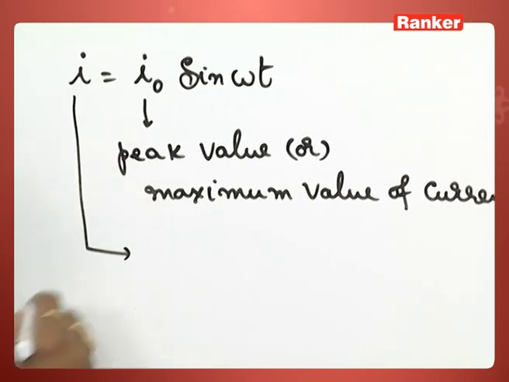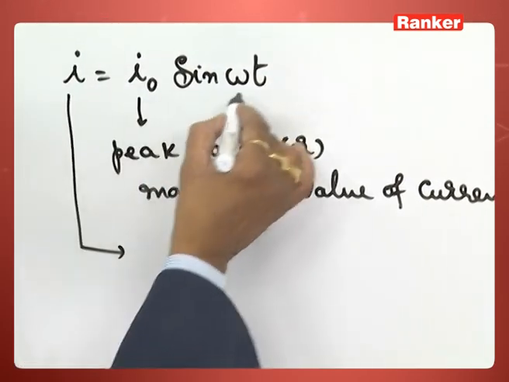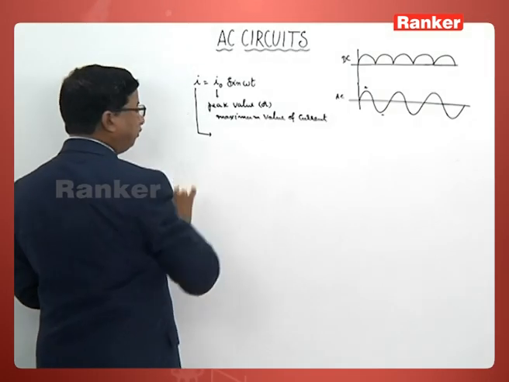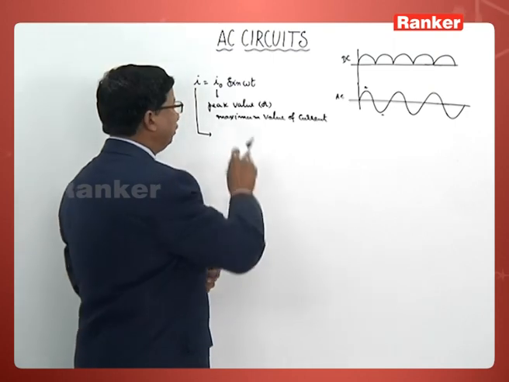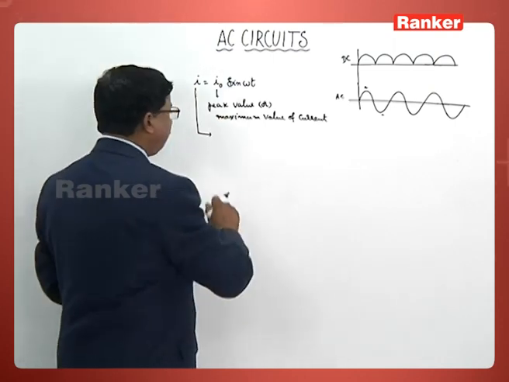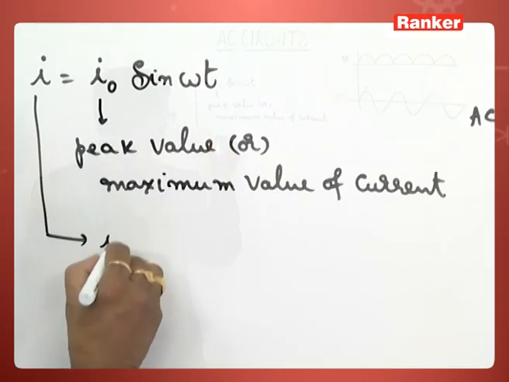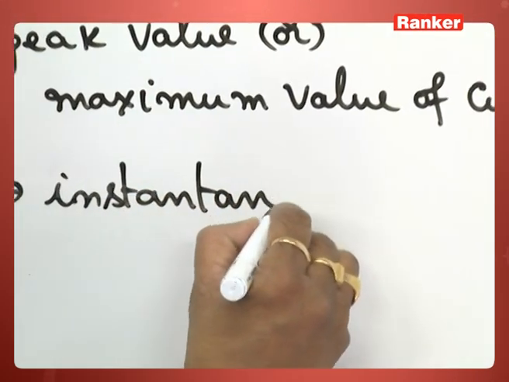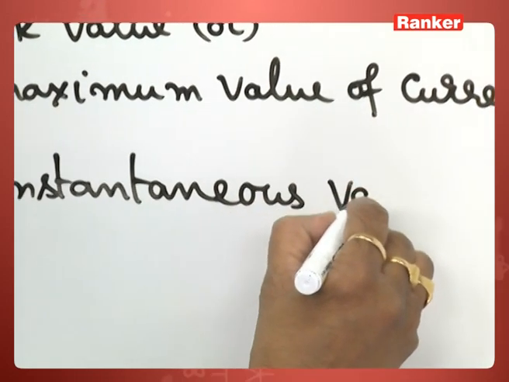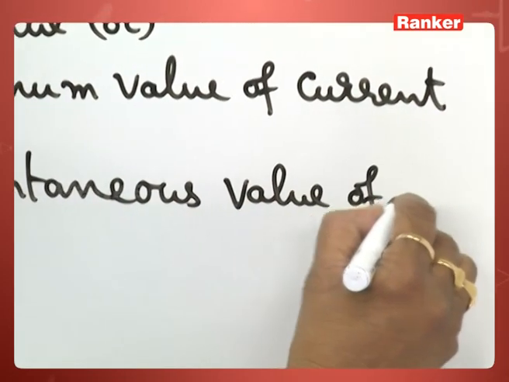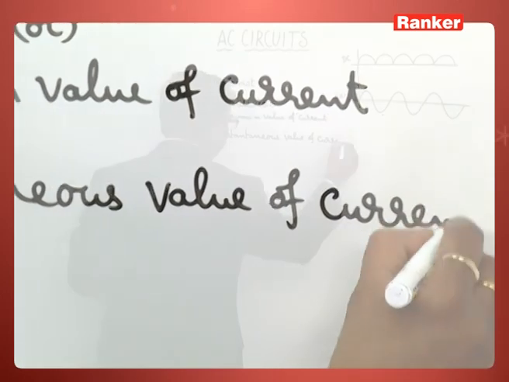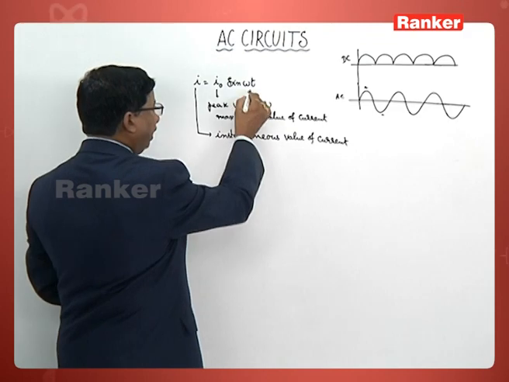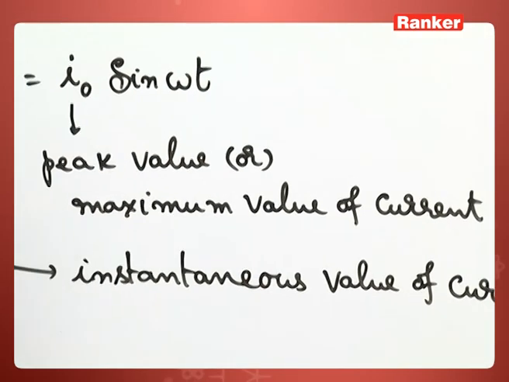Whereas this I, whatever we find with respect to t, that is the time, the value of current we measure using this equation. Therefore, this I is called the instantaneous value of current, and sine is the function, and omega t is generally called the phase.